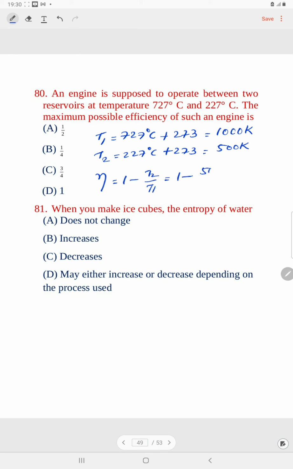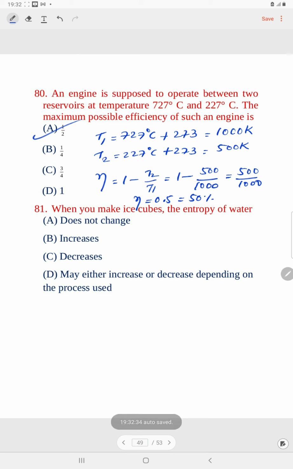It's 1 minus 500 divided by 1000, which is equal to 0.5, which is 50%. So 0.5 is what? Half. So you need to convert both the source temperature and sink temperature into Kelvin, adding 273 to it.